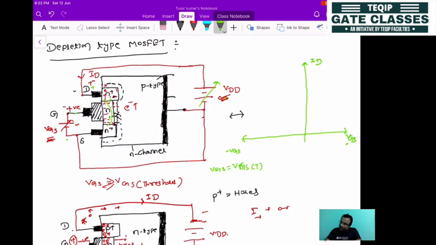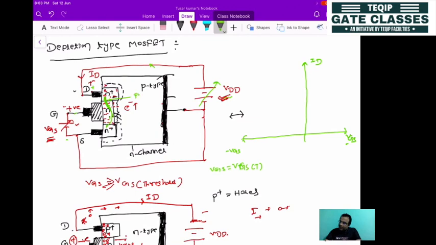This narrowing of the channel will occur as we go on increasing this voltage. Even though this narrowing is happening, the drain current will not be affected. The magnitude will not change, but the narrowing happens, and this process is called pinch off.